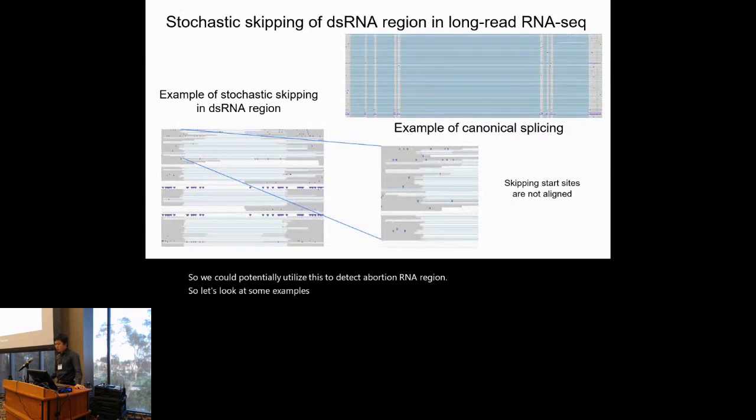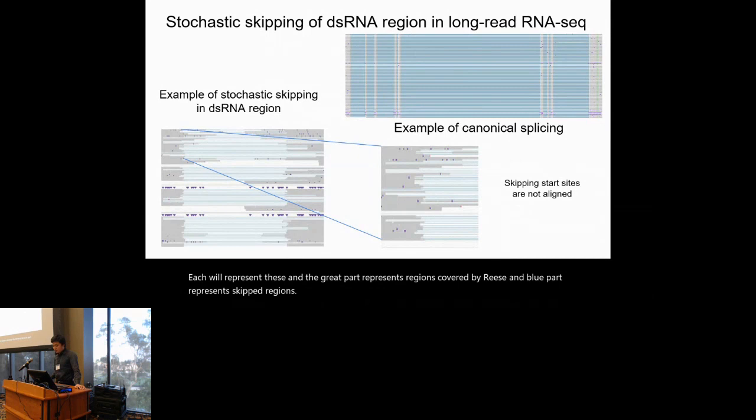Here I am showing two examples of skipping that is happening in canonical splicing and double-stranded RNA region, respectively. Each row represents reads, and the gray part represents regions covered by reads, and blue part represents skipped regions.